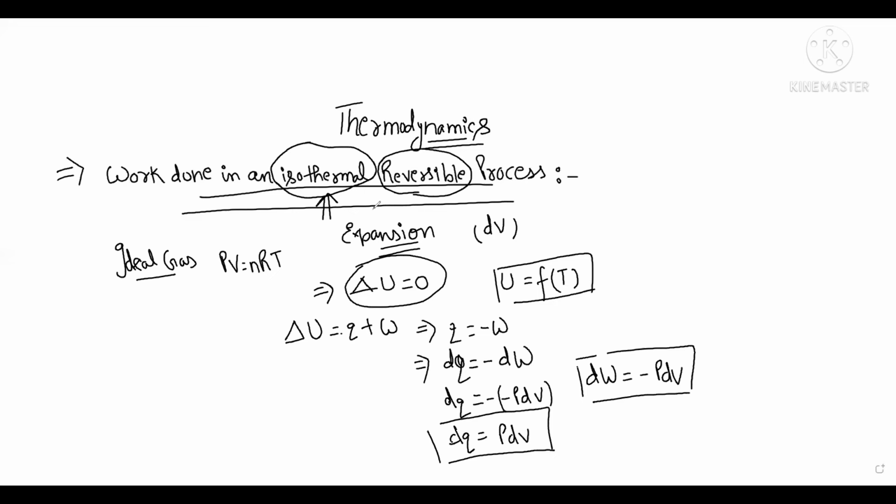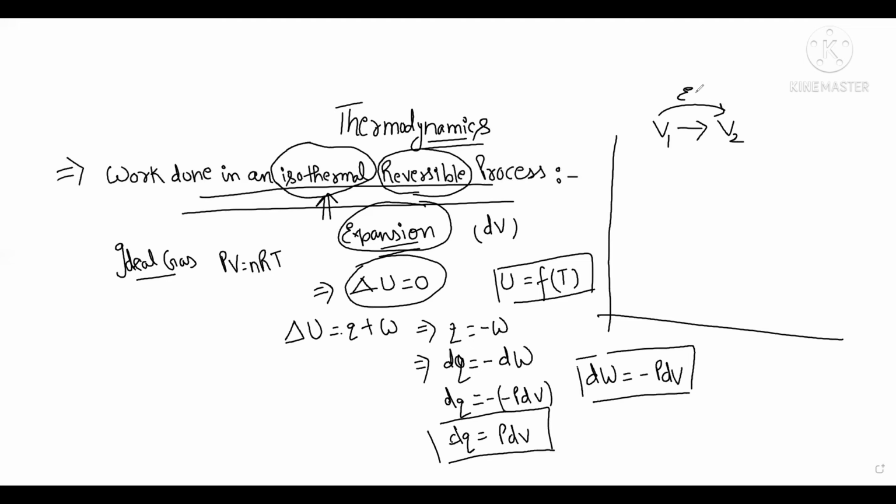Now, since we are taking the case of expansion of a gas, let the volume change from V1 to V2, where V1 is the initial volume and V2 is the final volume. We have to calculate the total work done. The small amount of work done is equal to minus PdV.